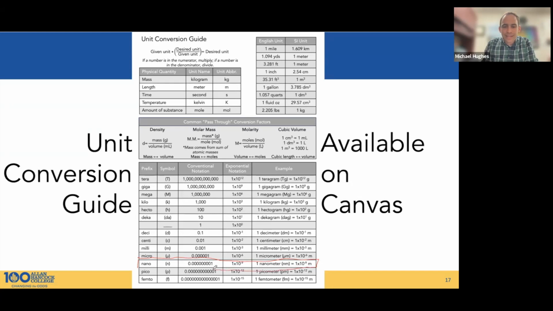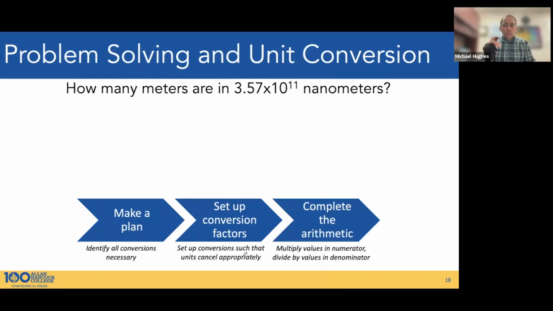There is 10 to the 9 nanometers in 1 meter, or 1 nanometer is 1 times 10 to the negative 9th meters. We can set our conversion up a little bit different this time just to show you that no matter how we perceive, whether it's 1 billionth of a meter or a billion nanometers in 1 meter, we'll get the same answer. So let's solve this.